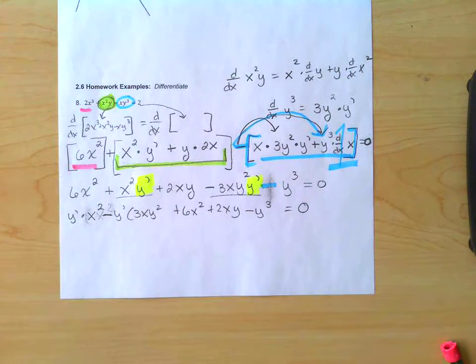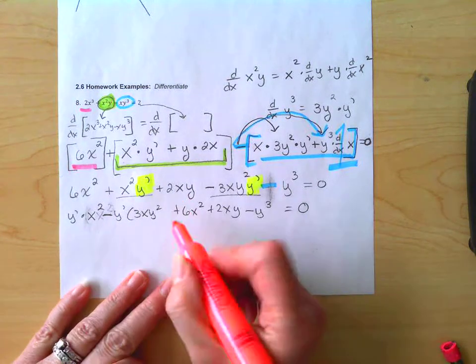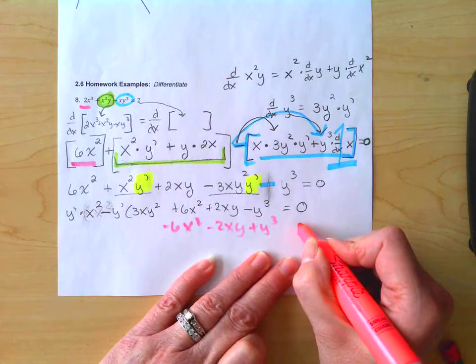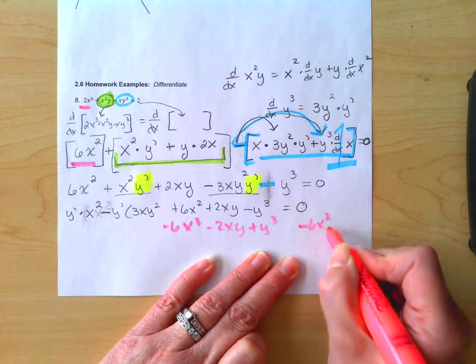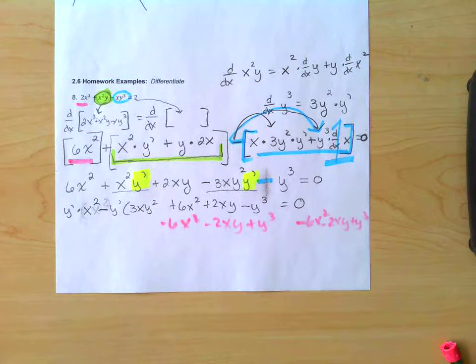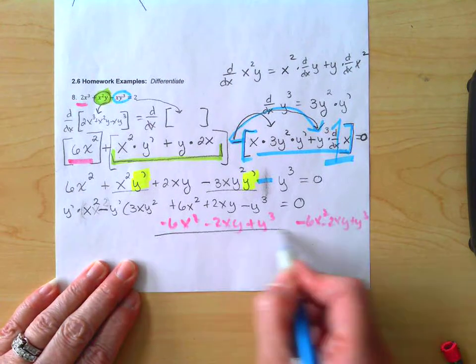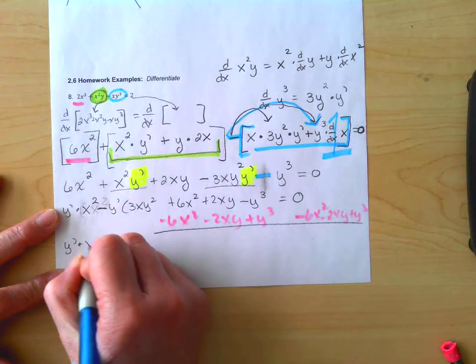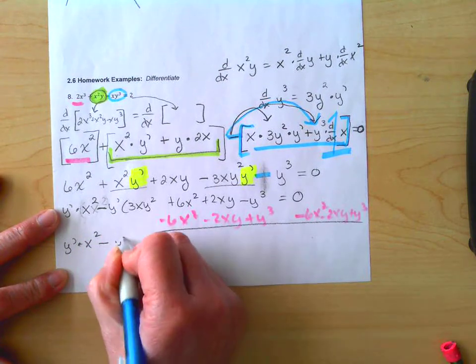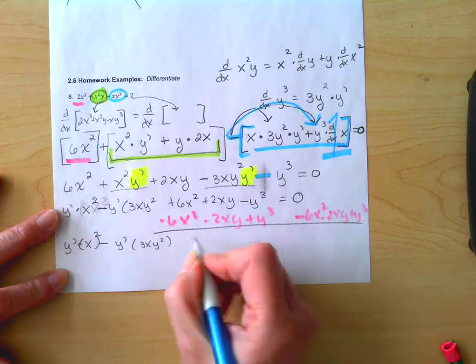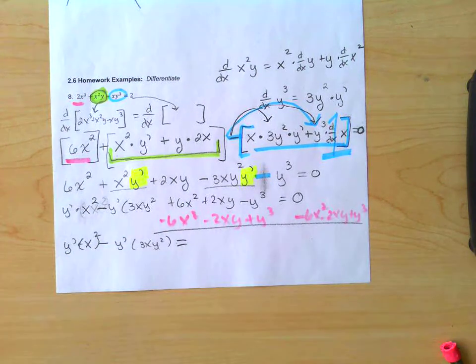So the first step is going to be to move the 6x squared and the 2xy to the other side. So I'll subtract 6x squared, subtract 2xy, add y cubed, and I'll have y prime times x squared minus y prime times 3xy squared on the left, and on the right, I've pushed everything else over.